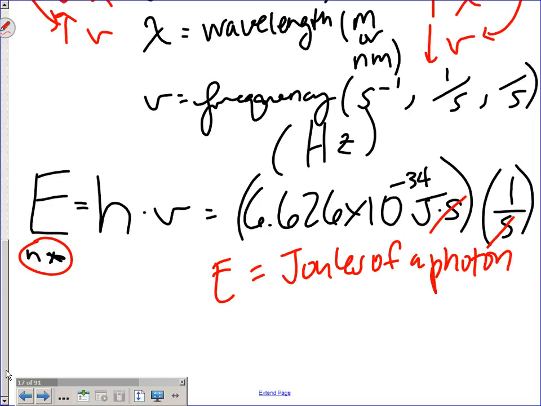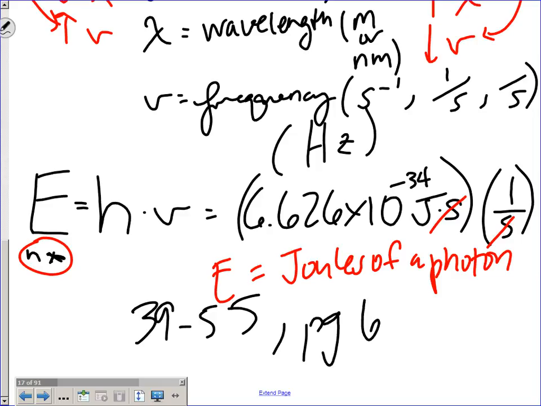And then turn to the next page, which is page 6. So you're doing 39 through 55, and then you're turning to page 6. And you see that little problem set that says electron configurations, quantum, and more. You can do as many as you're comfortable with, which is probably not all of them, but I think you can do most of them. 1 through 13.